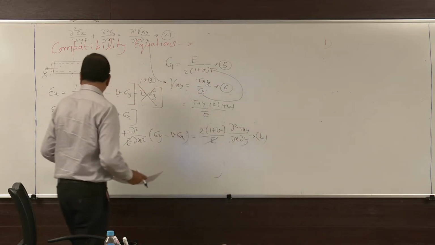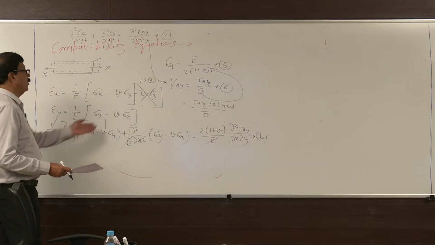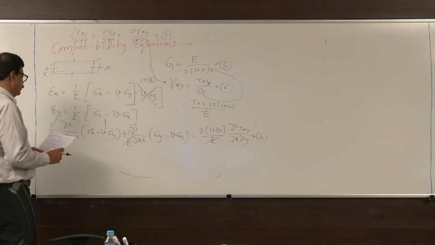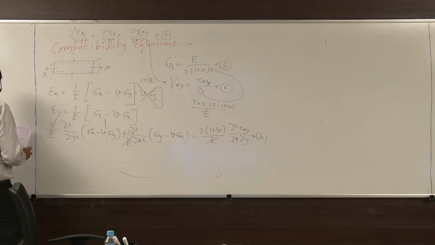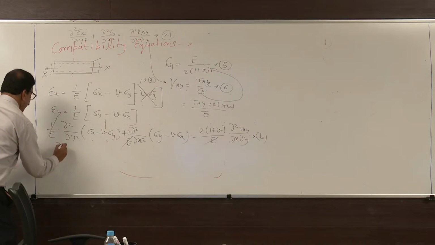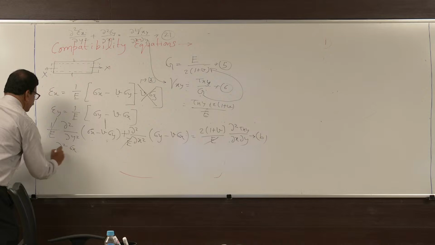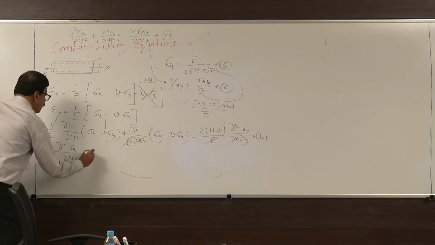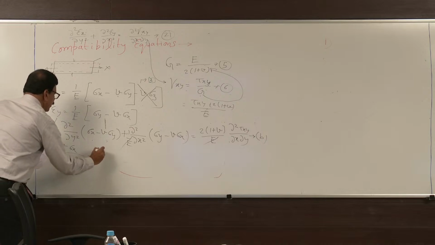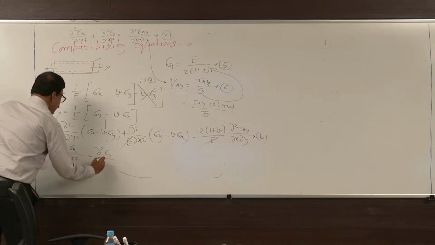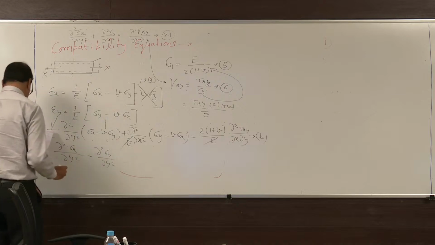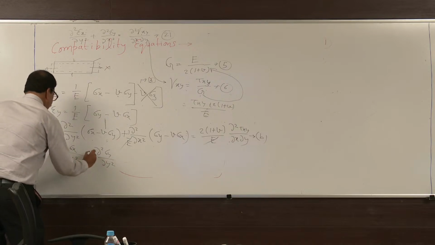If you open this bracket, you will get del square sigma x upon del y square minus del square sigma y upon del y square multiplied by v.